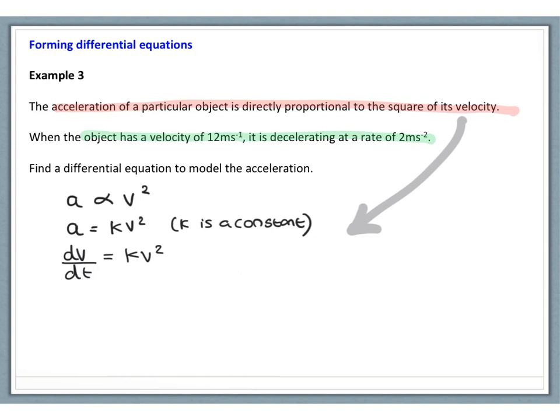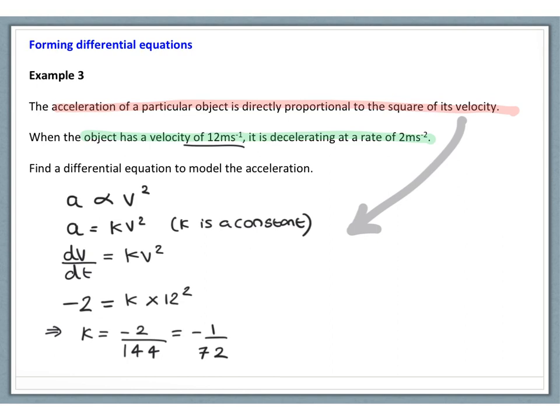Why is it -2? It's -2 because it's a deceleration. So -2 is equal to k multiplied by the velocity squared, so 12 squared. So this gives us k is equal to -2 over 144, or -1 over 72.